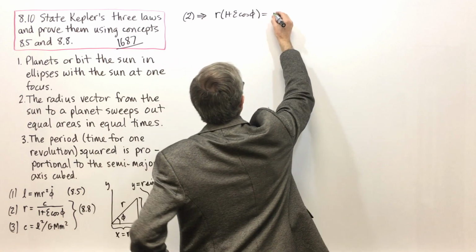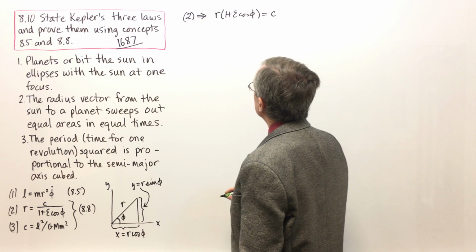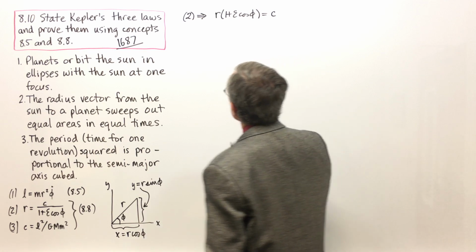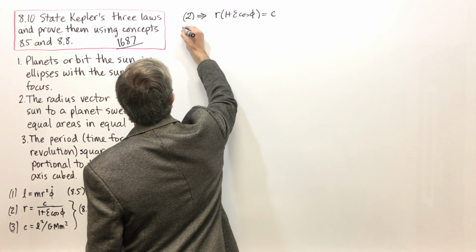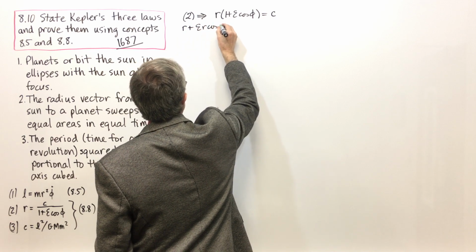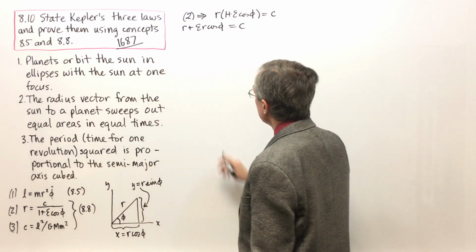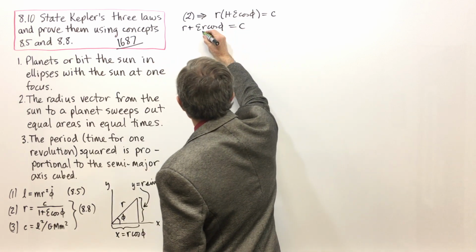And that's supposed to equal c. All right? We write that a different way. r plus epsilon r cosine phi equals c.